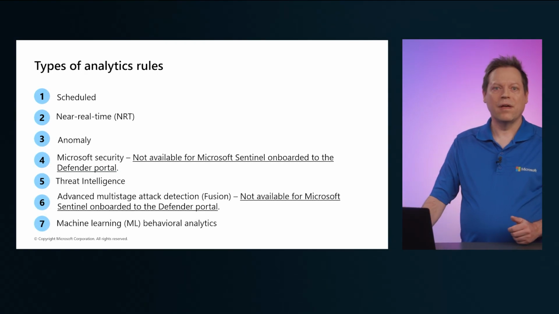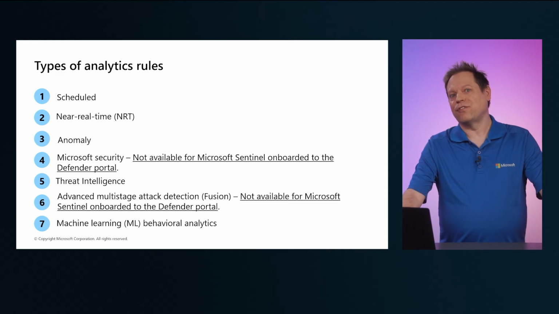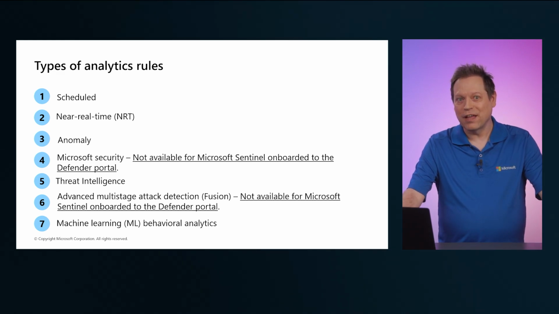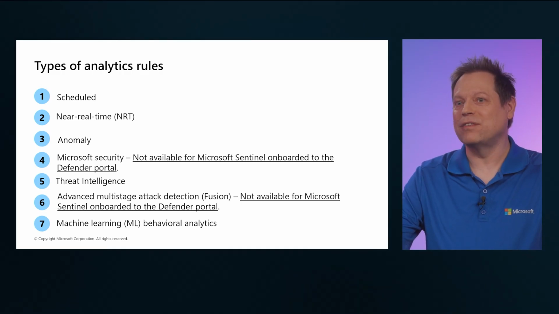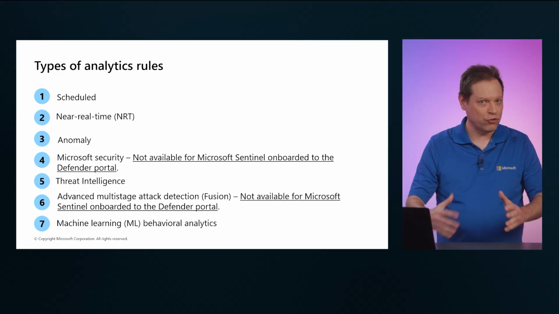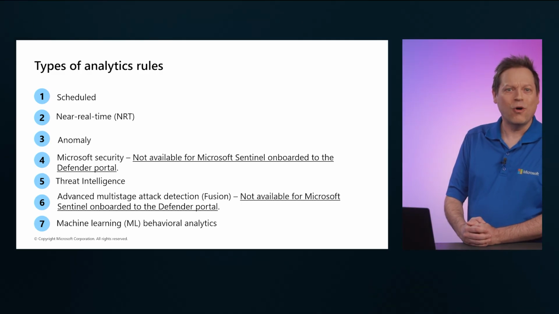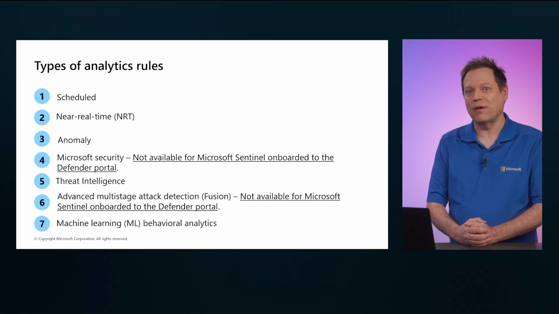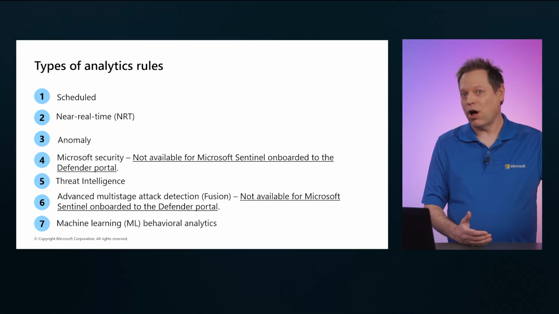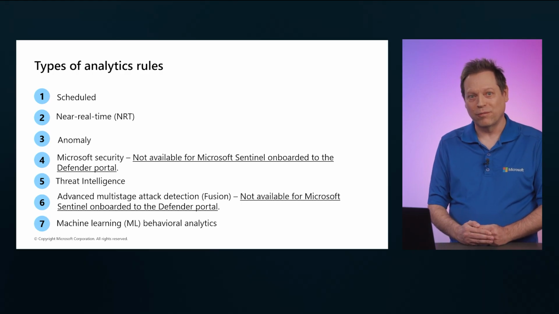Microsoft Sentinel supports several analytic rule types, and choosing the right type depends on what you're trying to detect and how quickly you need to act. You may see Microsoft security rules and advanced multi-stage attack detection, also known as Fusion, though it's important to note that these two aren't available for Microsoft Sentinel instances that are onboarded to the Defender portal.